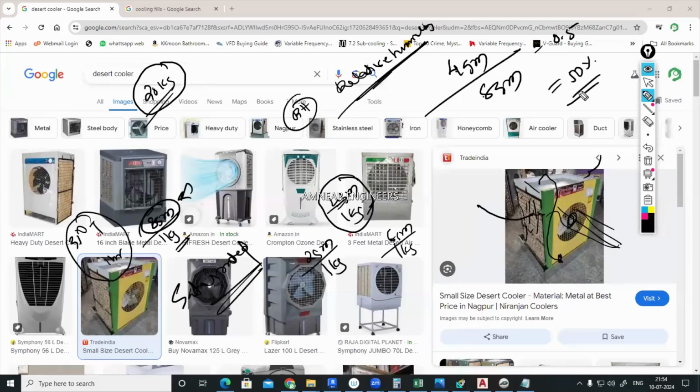So 50% relative humidity means the atmosphere already has 50% of water vapor in it. Still it can carry 50% more. 75% relative humidity means the atmosphere already has 75% of water vapor in it.